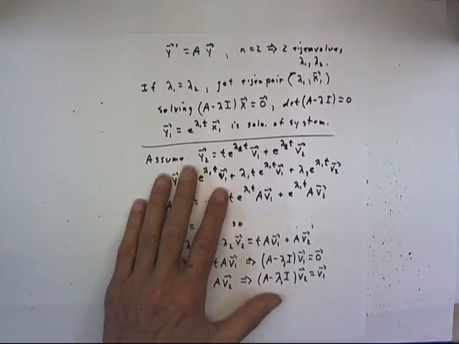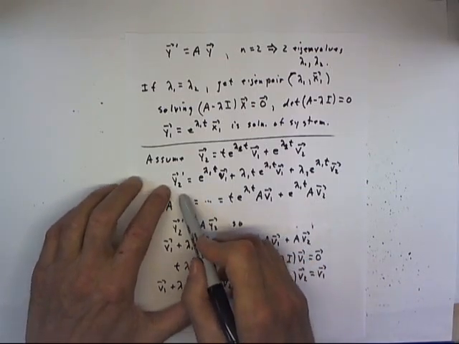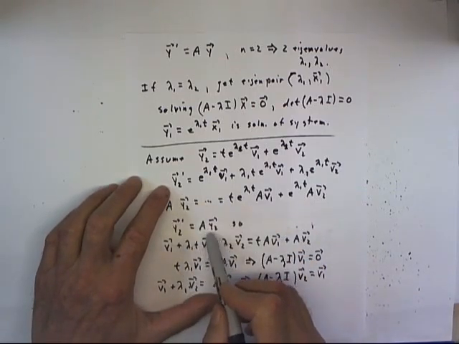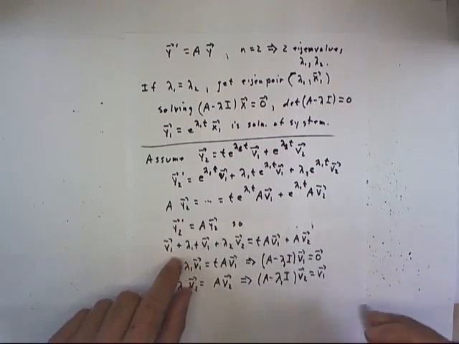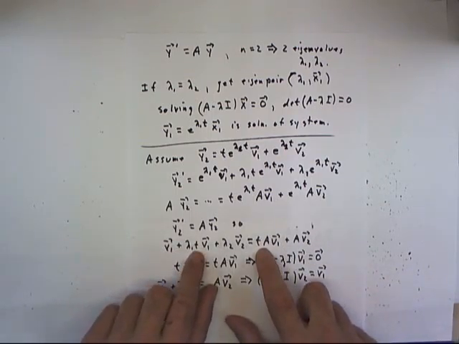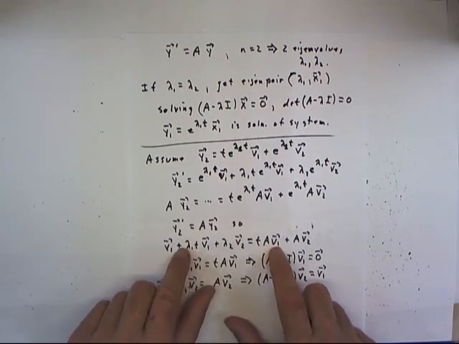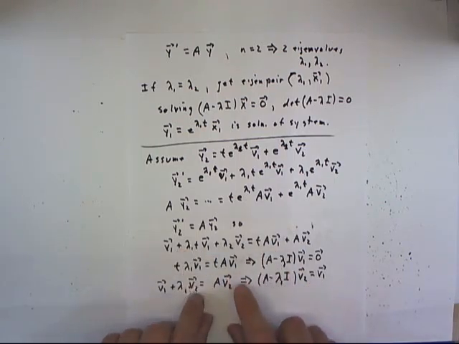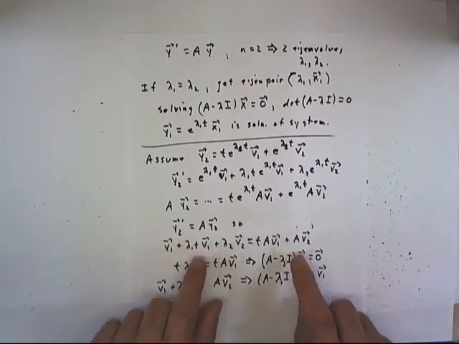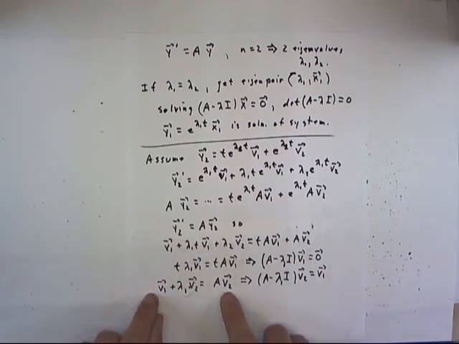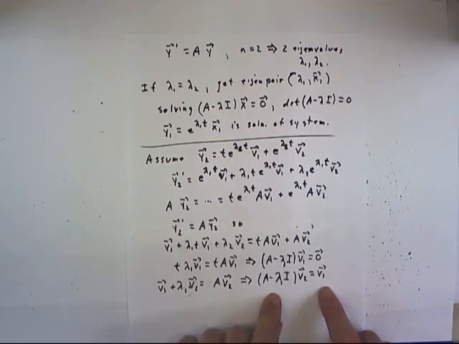Taking the derivative, we set it equal to the product of the matrix and the vector, and we get this equation. Setting the t terms equal, we get this equation which rearranges to this. Setting the remaining terms equal, we get this equation which easily rearranges to this.